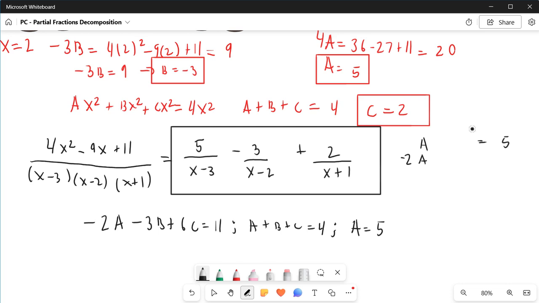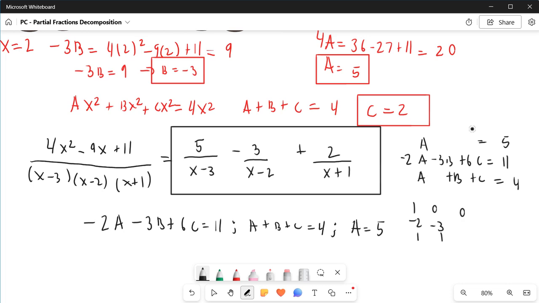Negative 2a minus 3b plus 6c equals 11. But you also have that a plus b plus c equals 4. Now notice this, doesn't that give you a system that says 1, negative 2, 1, 0, what is this, negative 3, 1, and then from here, what are we going to have?